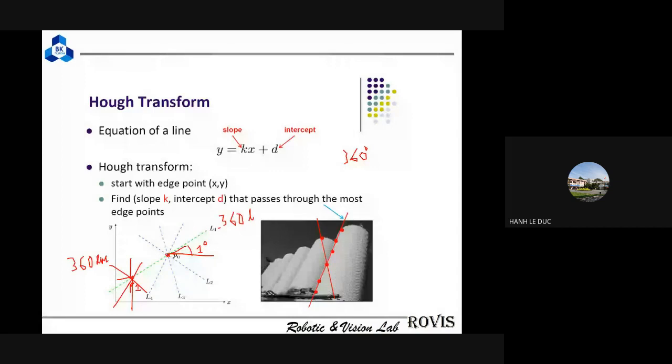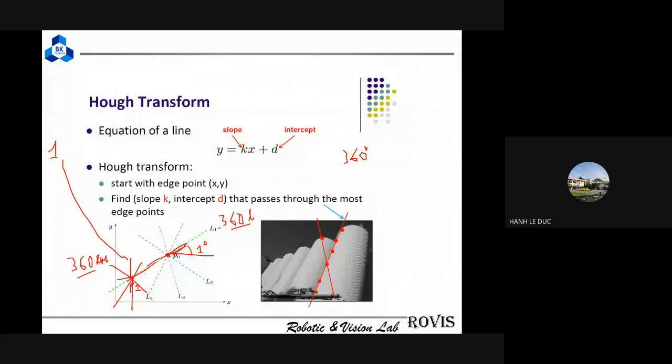But among the 360 lines here and the 360 lines here, there will be one line that is similar. So that means this one has one line going through it, and this one also has one line going through it.